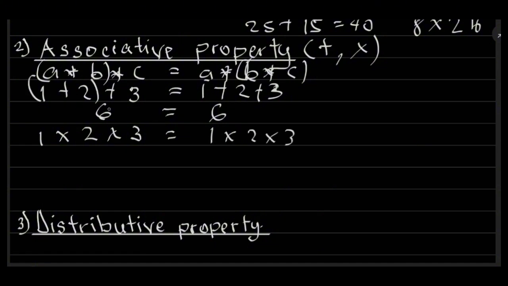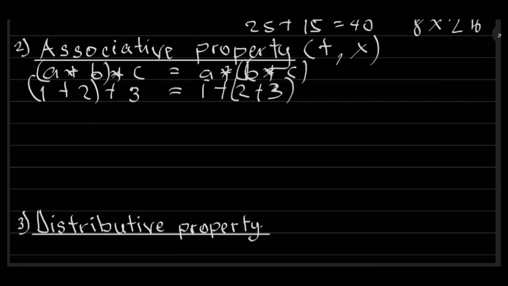Here it doesn't matter if we solve this first or if we solve this first. Let's go back and correct, and let's do it by that operation. 1 plus 2 will give us 3, then plus 3 would give us 6. It's the same as what we did earlier on, just want to make it clear. Then 2 plus 3 is 5, 1 plus 5, we are still going to have 6. So that is associative property for you.